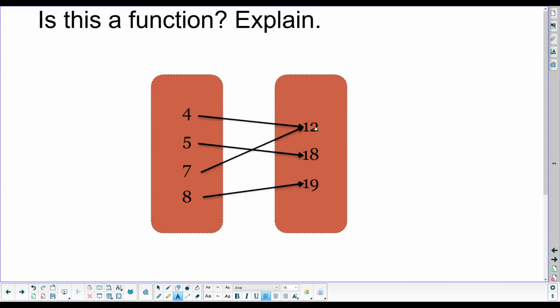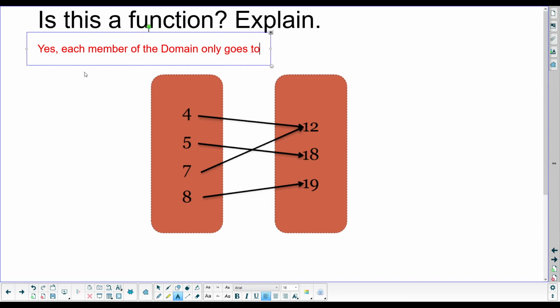So 4 only goes to 12, 7 only goes to 12, 5 only goes to 18, 8 only goes to 19. Yes, this is a function. Each member of the domain goes to one number of the range.